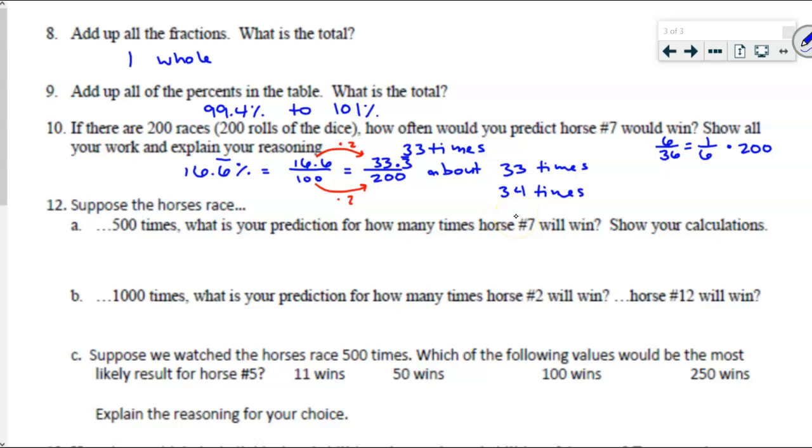Mathematically speaking, abstractly speaking, does it make sense to use that 3 and round it down to a 33? Yes. When we start talking about quantitative, if you're going to win 33 and a third of a time, do you think that that is appropriate to round it up to a 34 so that we're not discounting that extra little possibility there? So I think it's appropriate to say 33 or 34 times.